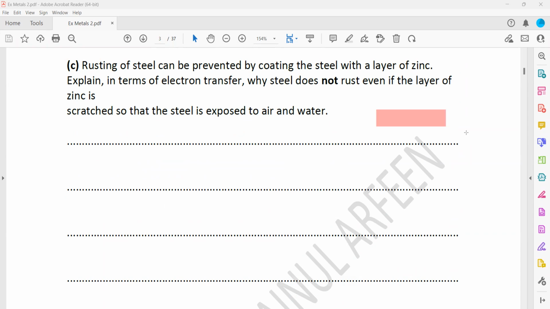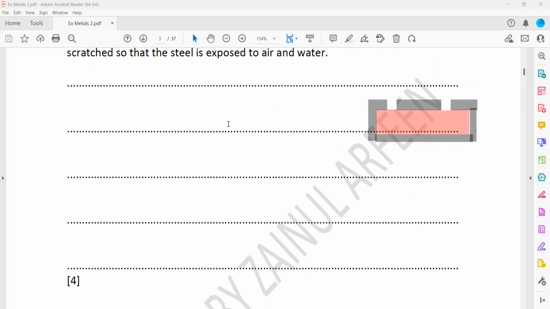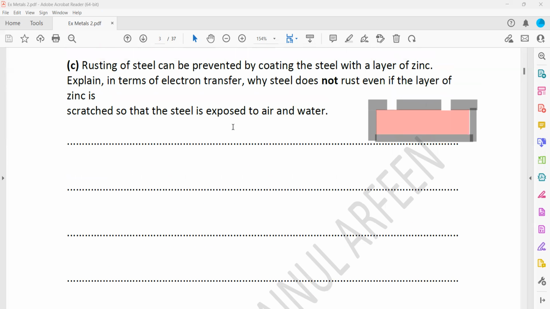We have discussed the same question: if we have a piece of iron having a layer of zinc, that is galvanized, and in the atmosphere the layer of zinc is scratched, but still it does not rust. What is the reason for that? It's 4 marks. So how do you score all the 4 marks for this?